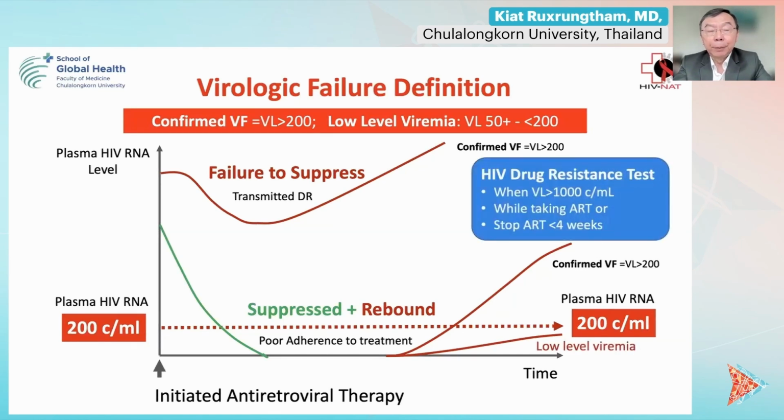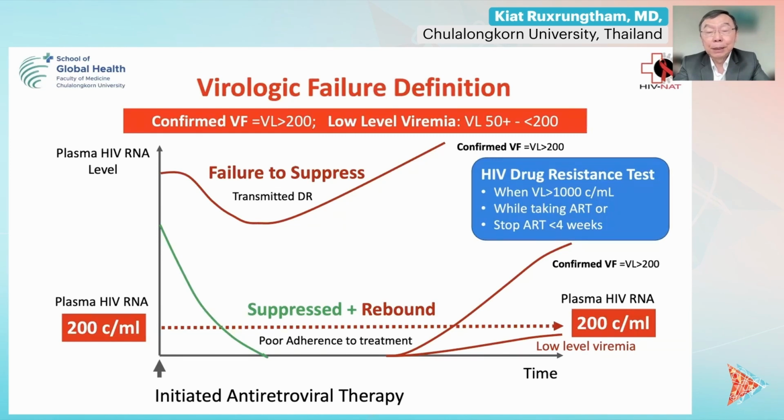When we have a patient with defined or confirmed biological failure, we should perform HIV genotypic resistance testing. In this case, it is what we call the plasma HIV RNA genotypic test. In general, most of the tests will be sensitive when the viral load is above 1,000 copies per ml.